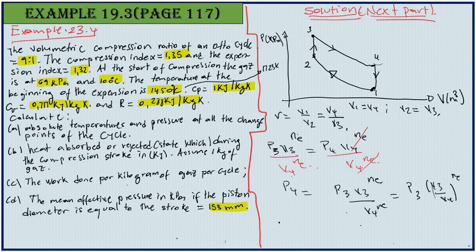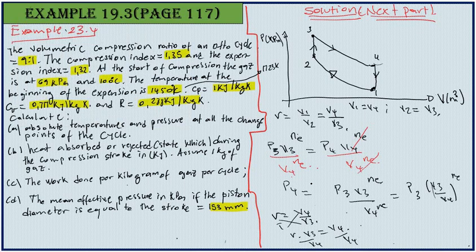Because we say that R is equal to V4 over V3, if we cross multiply, we get R multiplied by V3 is equal to V4. Now I need to determine this ratio in terms of R. To get this ratio, I'm going to divide this side by V4, as well as the other side.